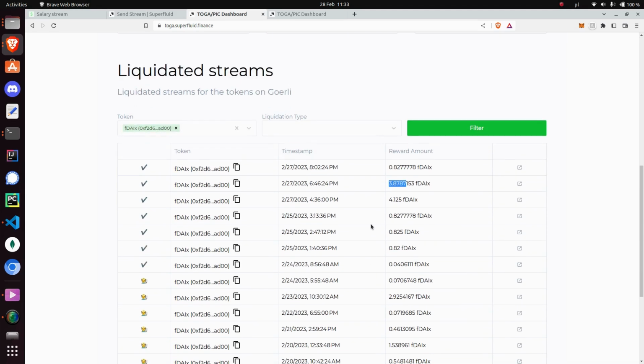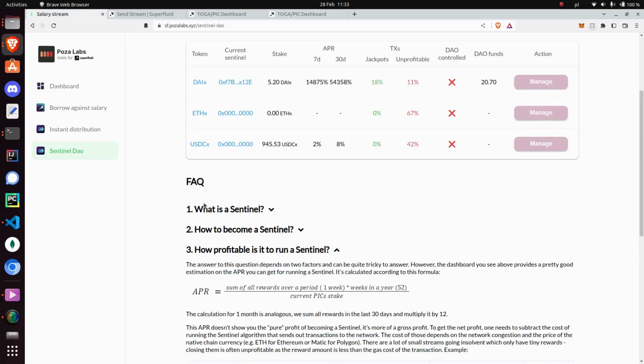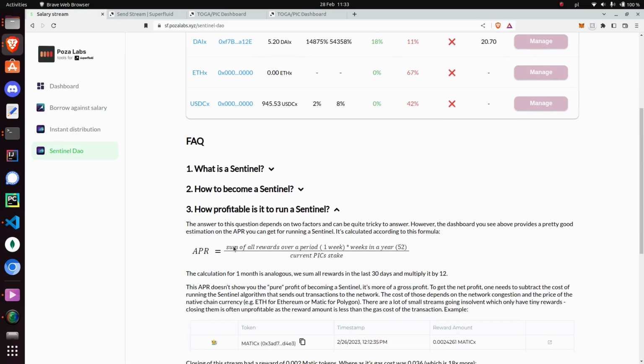So it becomes quite an easy calculation where you just sum all of the rewards over some period, for example 1 week, and then extrapolate that period to a whole year. If you're taking 1 week, a year consists of 52 weeks, so we need to multiply that by 52, and then you divide that by the current stake, and that gives you the annual, the APR.